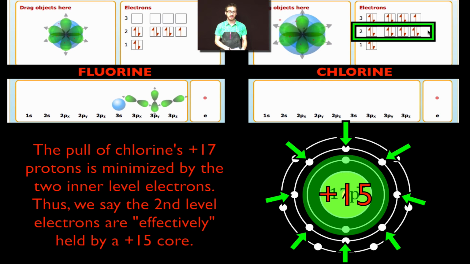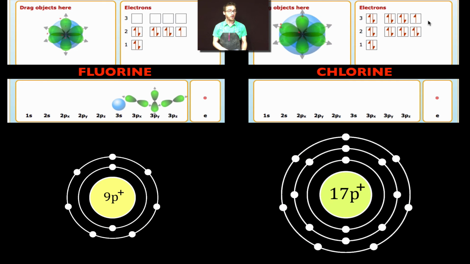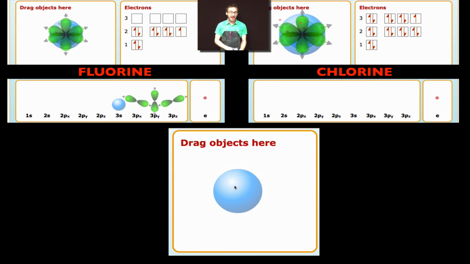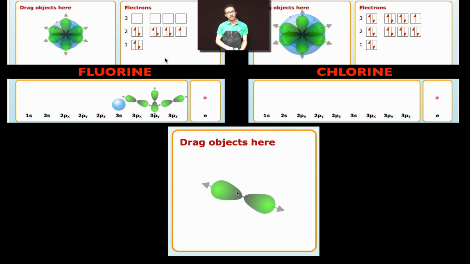However, chlorine's electrons in its second main energy level are held more tightly, with a stronger effective nuclear pull, because chlorine has more protons in its nucleus. The electrons in chlorine's third main energy level feel an effective pull of only +7 because they are shielded by the electrons in the second main energy level and in the first. Additionally, I want you to think about the s-type sublevel versus the p-type sublevel.